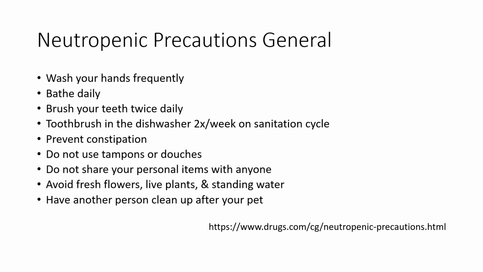And usually the nadir, after receiving chemotherapy, is in the range of 7 to 10 days. So a week to 10 days after you've had your chemotherapy is when we would expect the low point of your bone marrow suppression. So we always ask people, when did you receive your chemotherapy drug? Because that gives us an idea of when the nadir will happen.